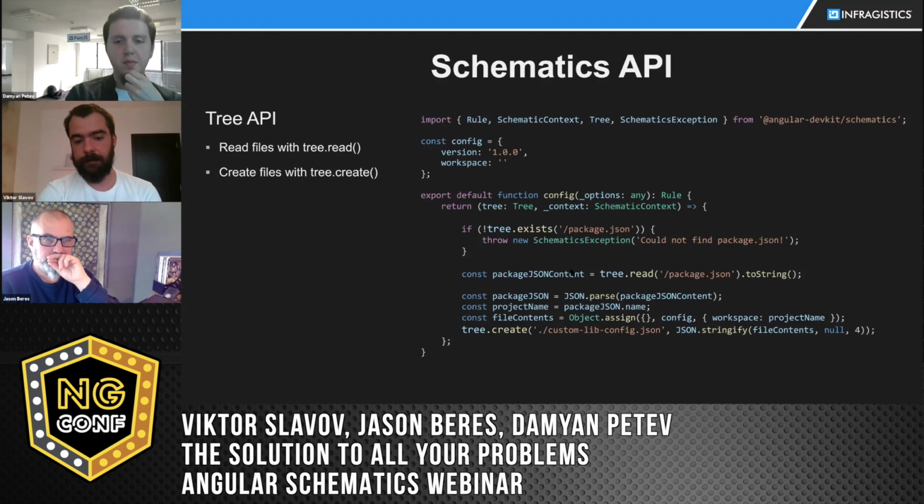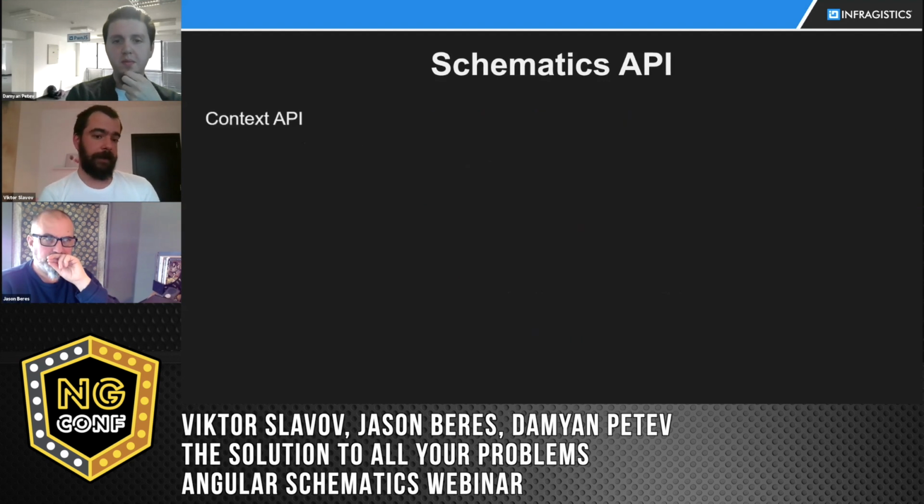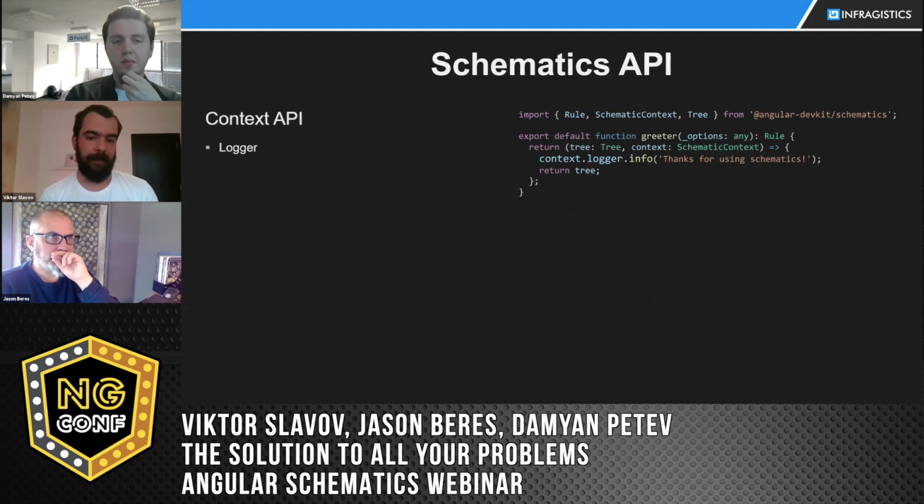And all of this is done through the tree API. From the context API, we'll be taking advantage of the exposed logger, which gives us the opportunity to log messages like info or error messages if you want to stress out your users, or warnings. We simply call context.logger and then info, error, or warning, and it logs a message in the console.